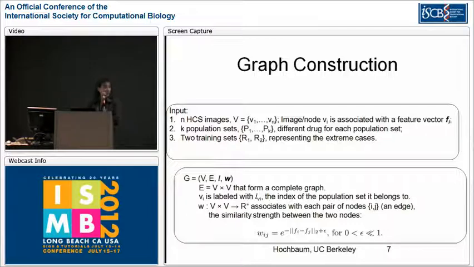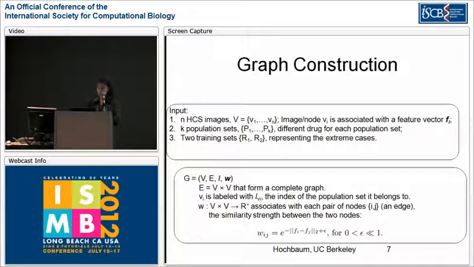And the weight corresponds to each pair. For each pair of nodes, let's say i j, it computes the similarity strength. This computation is called an exponential or Gaussian weight. This is very common in image segmentation. Of course, anything else could be introduced here as a function that measures the similarity.